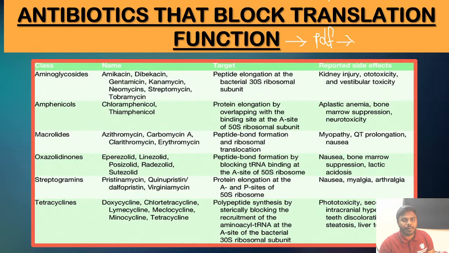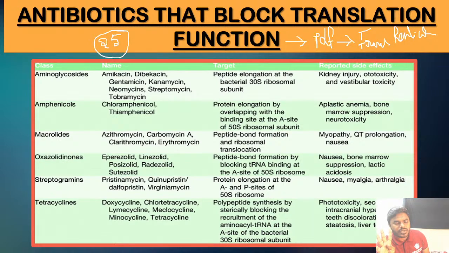In this PDF, I will keep the antibiotics blocking translation, transcription, and replication. Friends, on average, I want you to remember at least 25 antibiotics, including translation in prokaryotes and eukaryotes, transcription in prokaryotes and eukaryotes, replication in prokaryotes and eukaryotes.